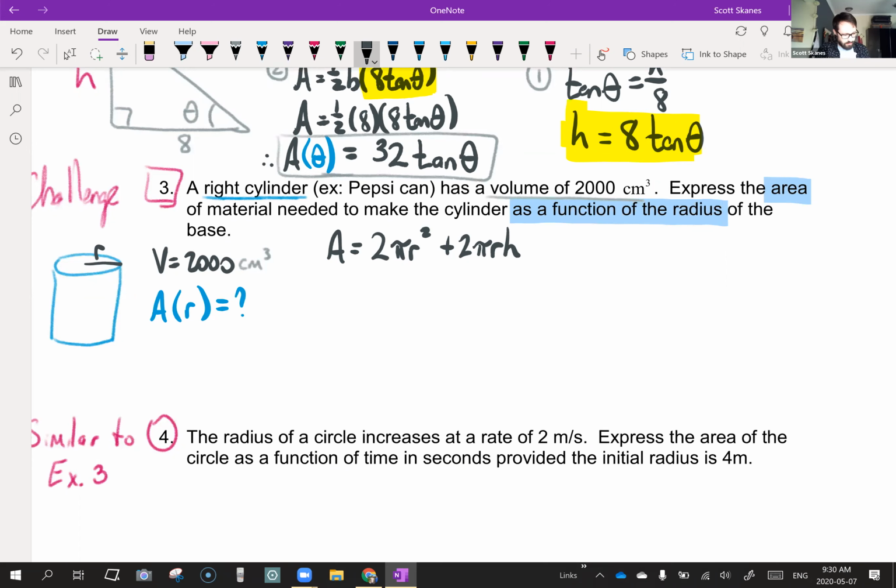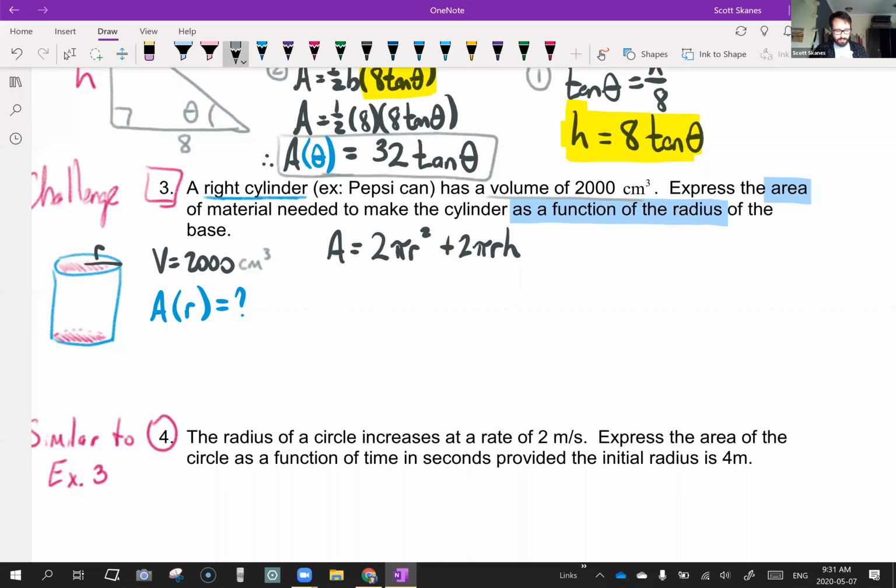It's 2 pi r squared plus 2 pi r h. It's pi r squared on top, and then there's a pi r squared for the bottom. That would be our 2 pi r squared, and then we get our 2 pi r h as the side. Some of you know where that comes from. I'm not going to go into that today, but I just want to break this up for you.